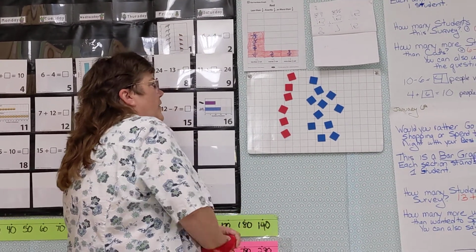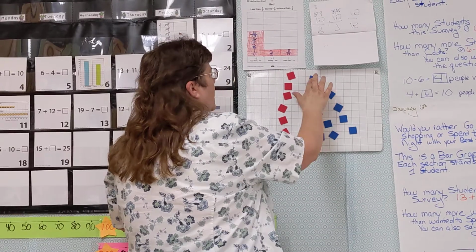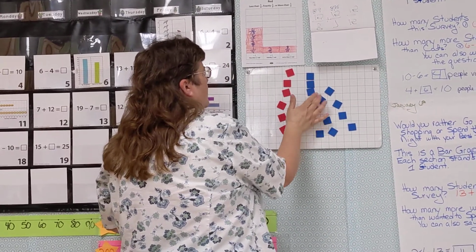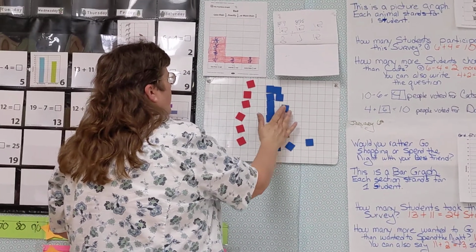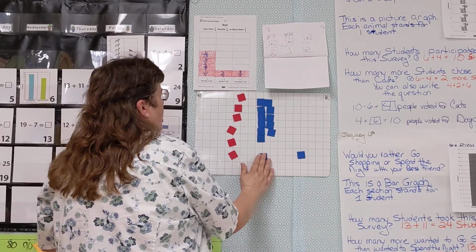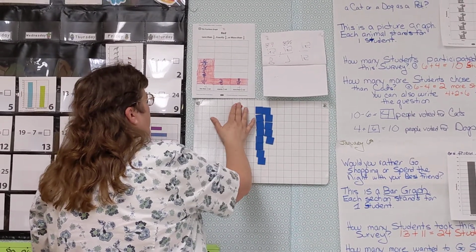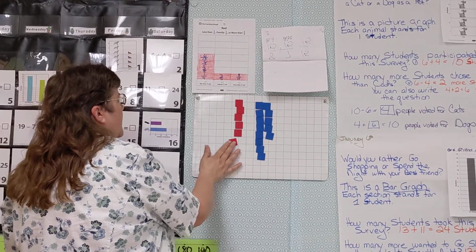What do you guys see so far? 18, 19. Let me double check. 1, 2, 3, 4, 5, 6, 7, 8, 9, 10, 11, 12, 13, 14, 15, 16, 17, 18, 19.